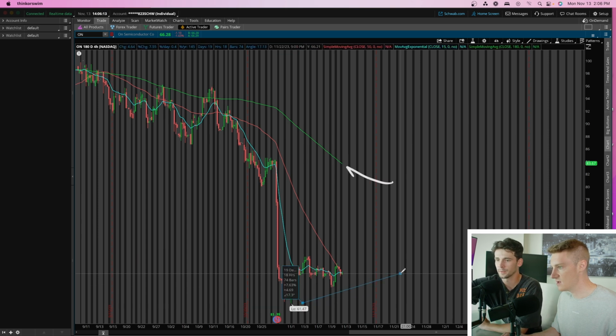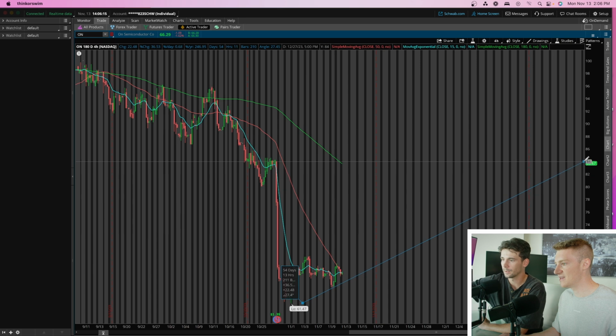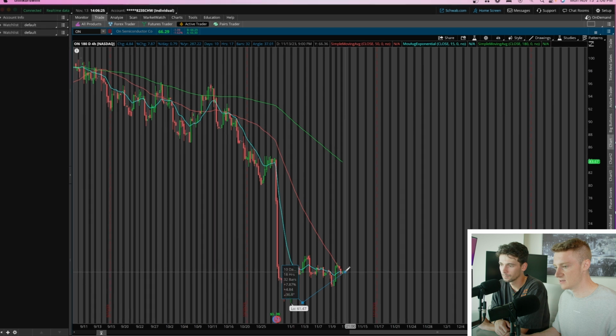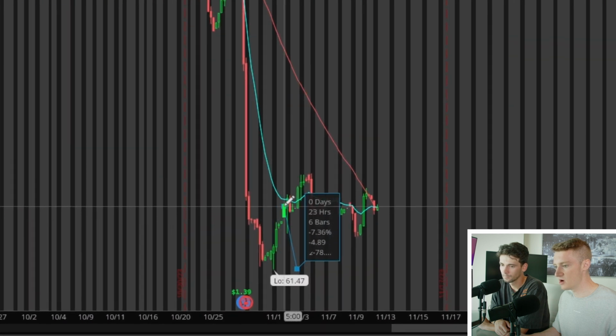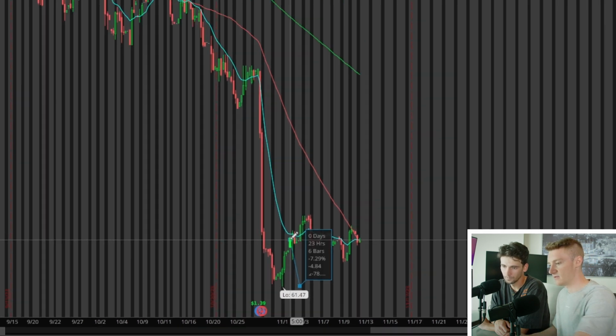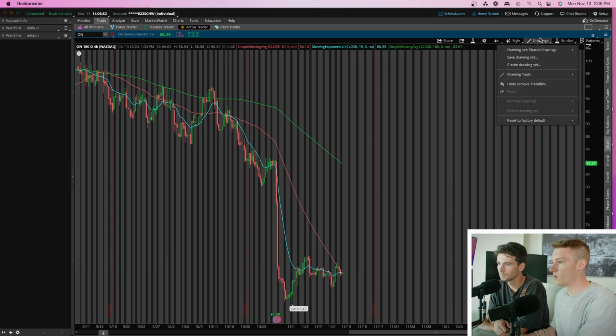Is this the 180 day? Yeah, this is the 180 day. And if we drag up to 66.28, that is where we're currently trading. So that is 7% above that low at 61.47. You see that, right? We'll end up utilizing that tool a bit more later on.